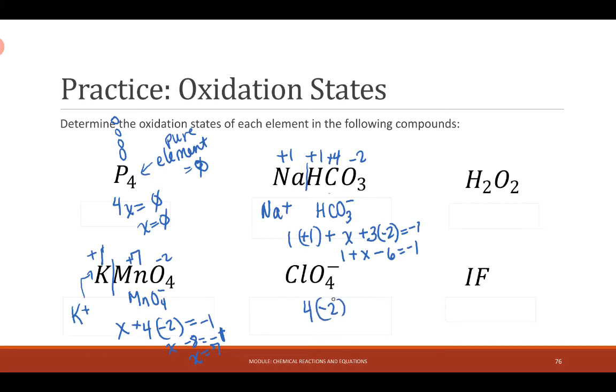We have 4 oxygens that are a -2, and then I'll solve for chlorine. So generally start on the right and work your way left. And so that's -8, and so chlorine is a +7 oxidation state, and each oxygen is a -2.